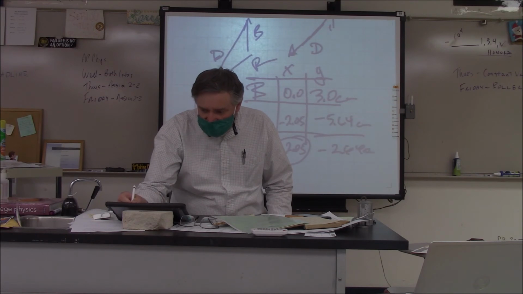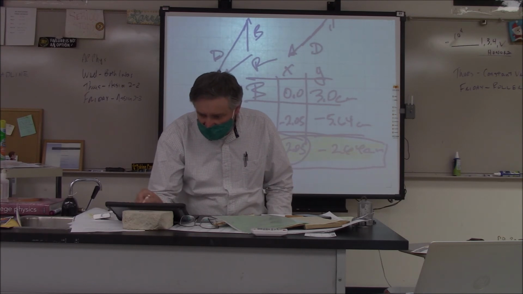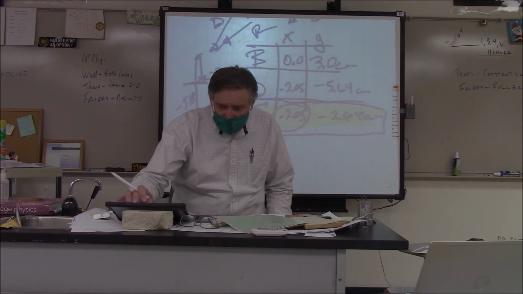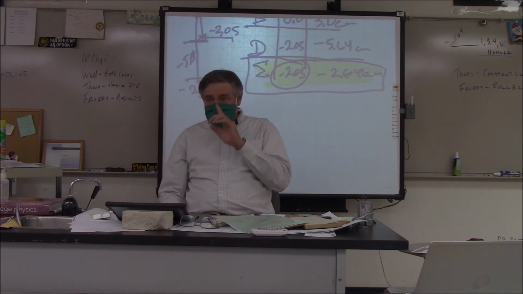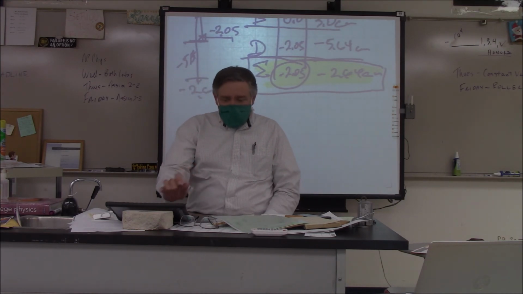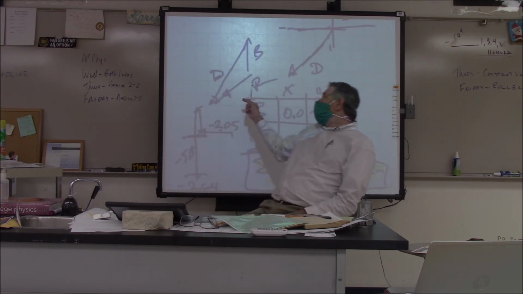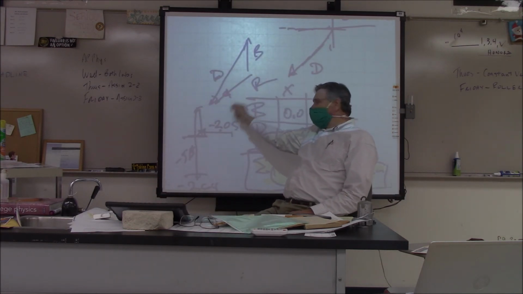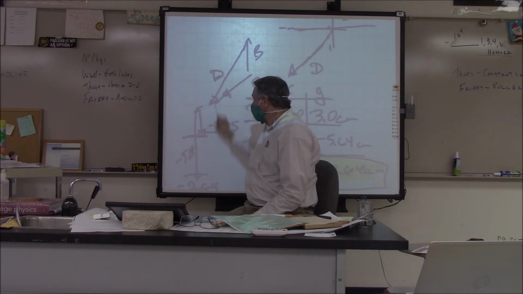Now, this is the most important part of this whole process, is this right here: those x and y components. So once you get those, here's what we've said. Instead of going up, down, and then drawing the resultant, we went over, up, and down.